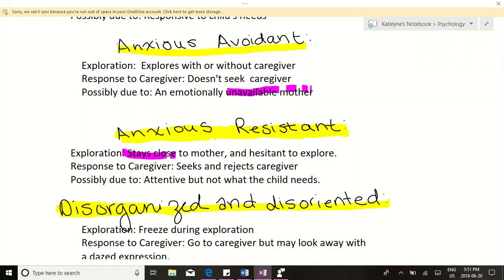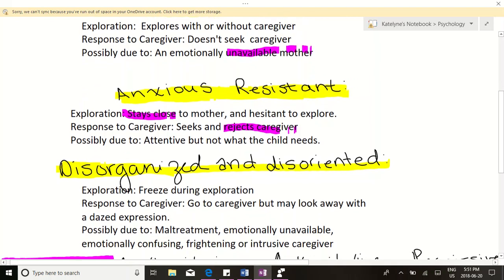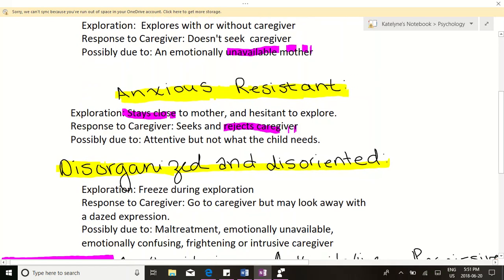When the mother or primary caregiver leaves and they come back, the child will seek the caregiver but also reject the caregiver at the same time. A reason this could be is that the primary caregiver was attentive. However, it was not what the child needed.